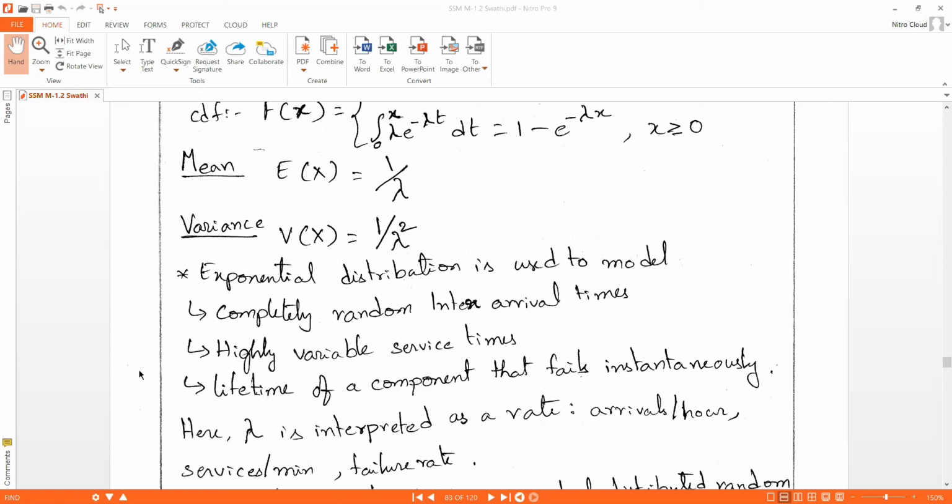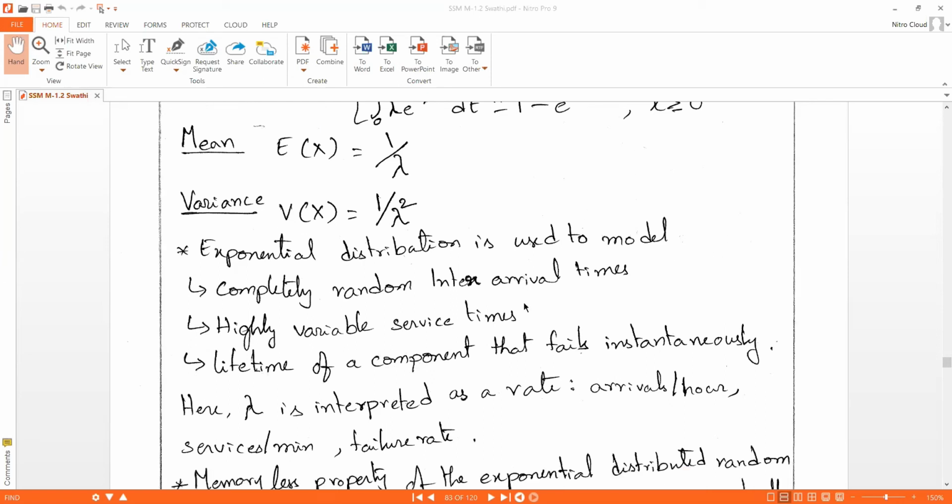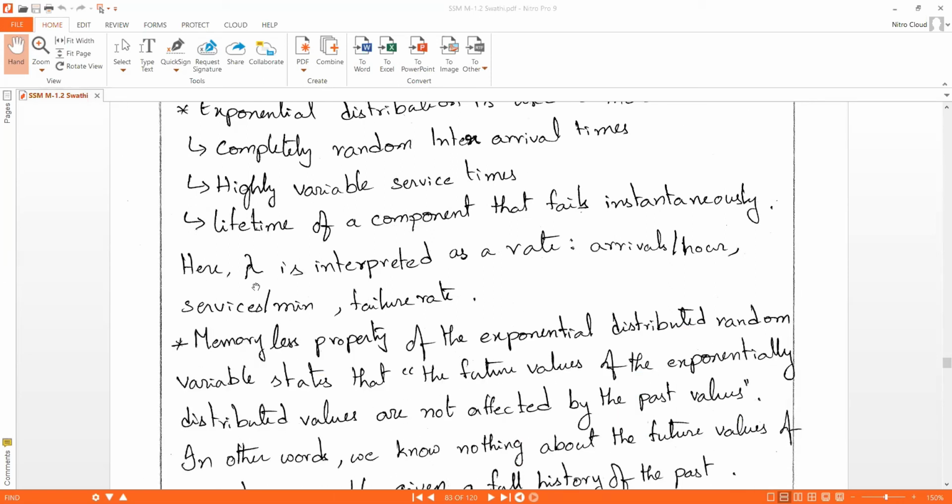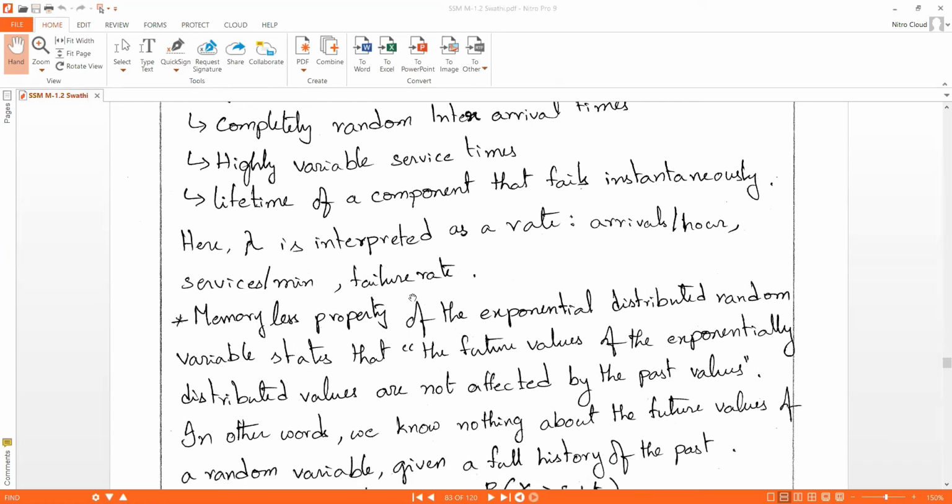In these cases exponential distribution will be used for modeling. Here lambda is interpreted as a rate. It can be arrivals per hour, service per minute, or failure rate, which will be represented as lambda.